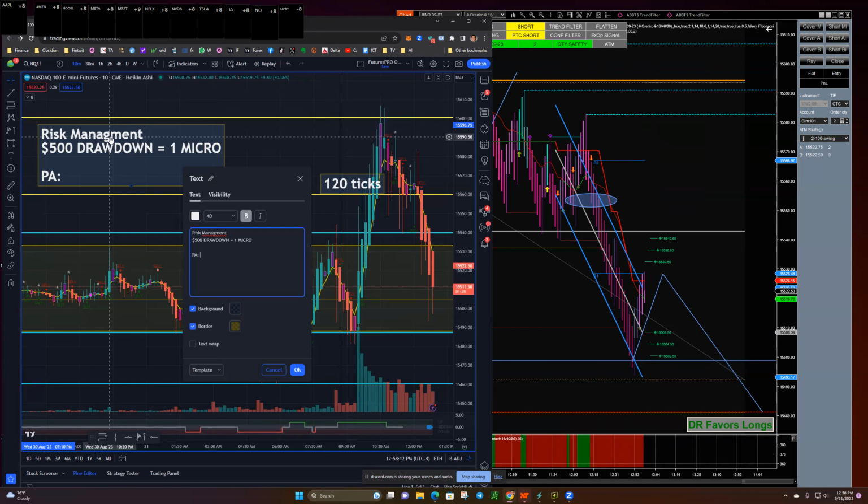But once you are in a PA, okay, what you want to be able to do basically is for every 1,000, it equals 1 micro. And you want to be able to get your balance to 55K.